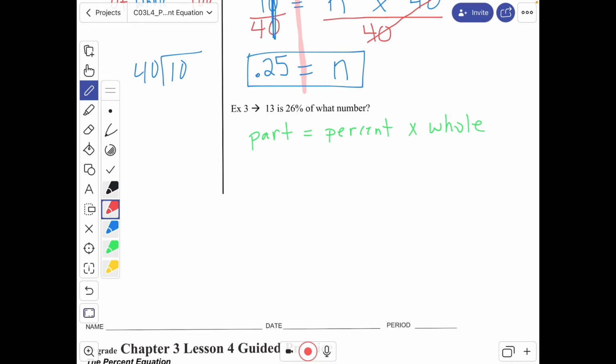So 13 is next to is, that's the part. 26 is next to the percent sign, so that's probably the percent, but I need to change it to a decimal. So remember, if it's a percent and we're changing it to a decimal, we go to the left, 2 spaces, so 0.26, and we don't know what of is, so that's going to be the variable.